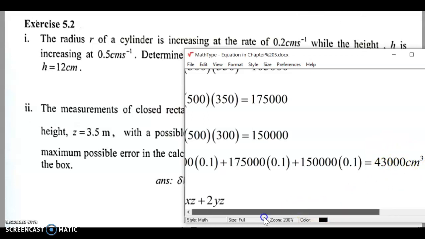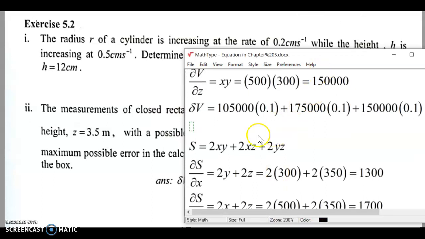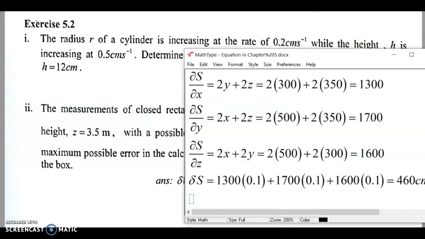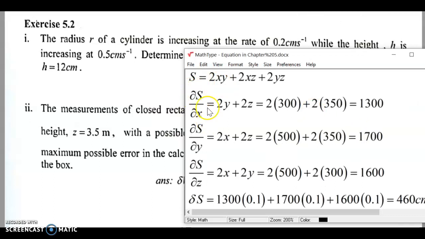Next they want us to look in terms of area, so in terms of surface, sorry. To calculate the surface of the rectangular box, this is the formula. And we do the same thing again, which is we need to look for the partial derivative in terms of x, y, and z, right?